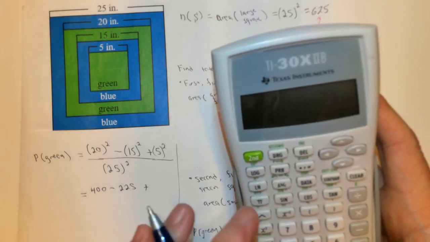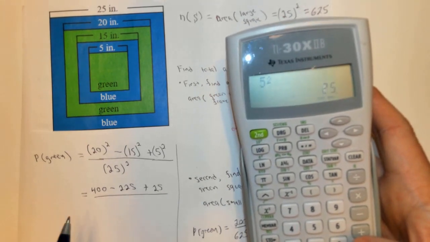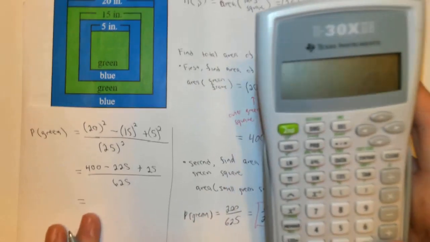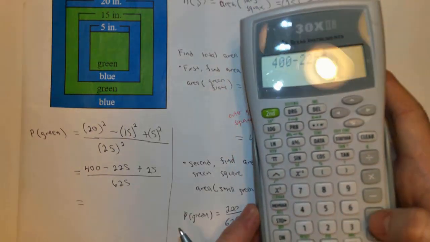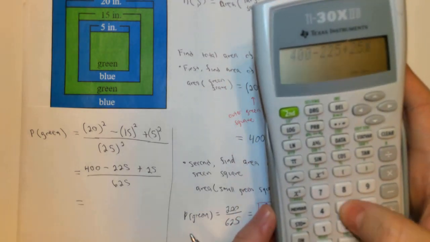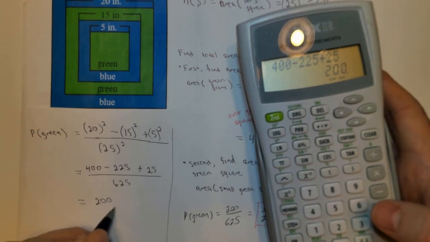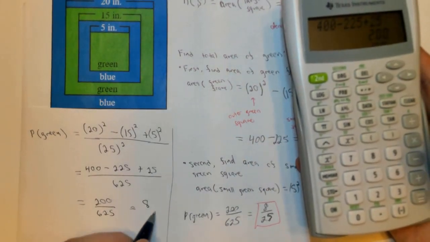And of course, 5 squared is 25. And then that's 625. So let's clean up the top real quick. 400 minus 225 plus 25. Got my 200 again. Divided by 625, which we already know is 8 over 25.